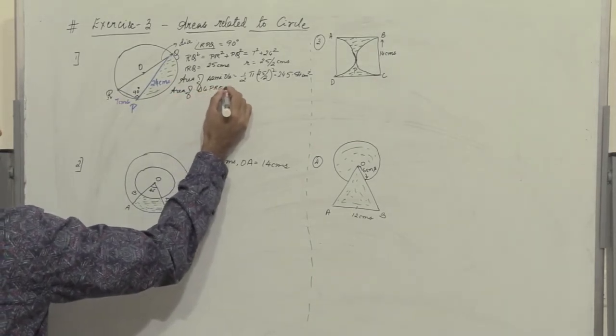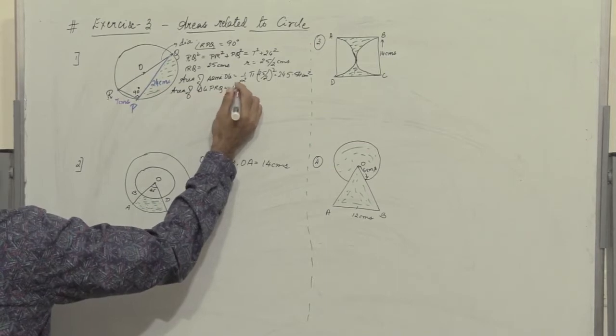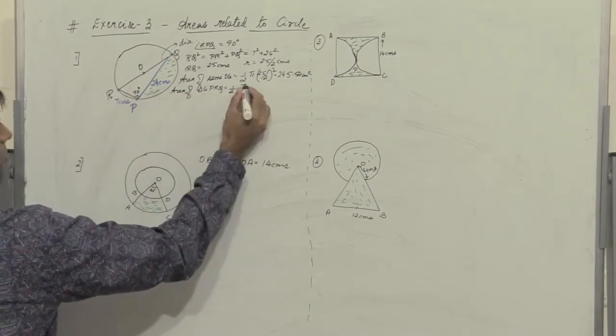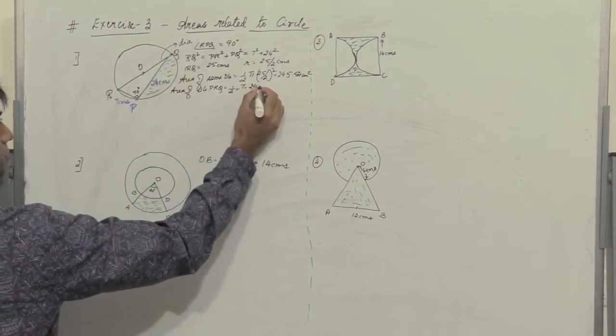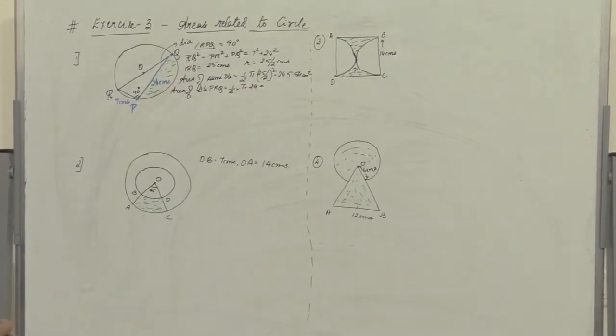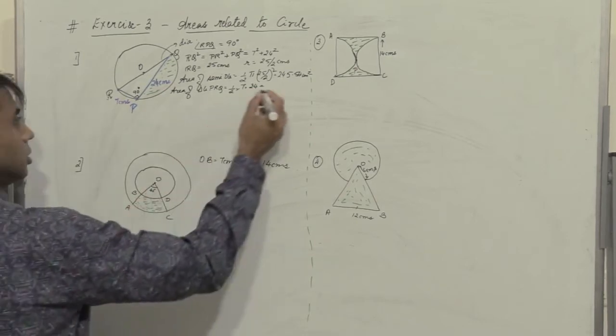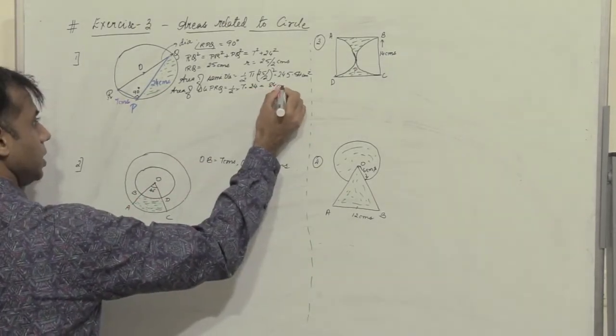PRQ, which is equal to half into the base is 7 into the height is 24. So which is 7 into 12. So we get 84 centimeters square.